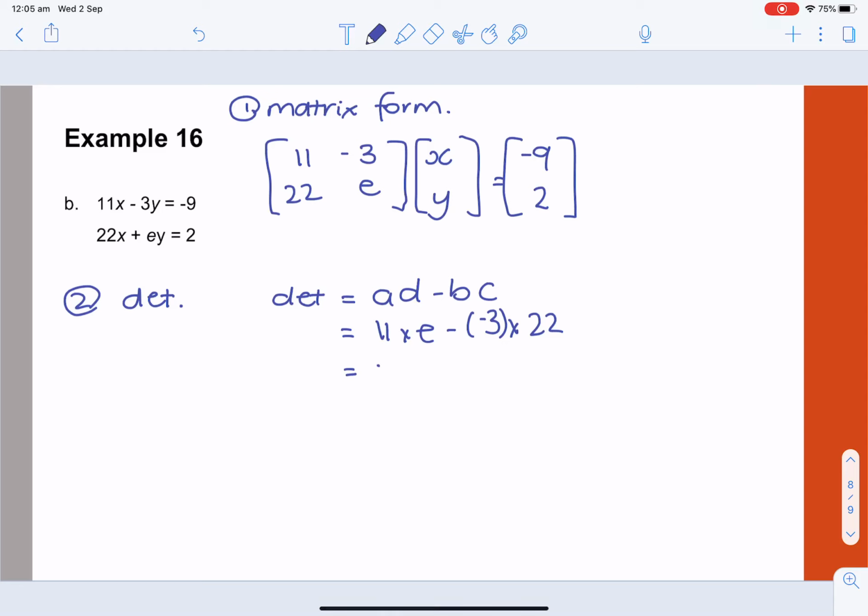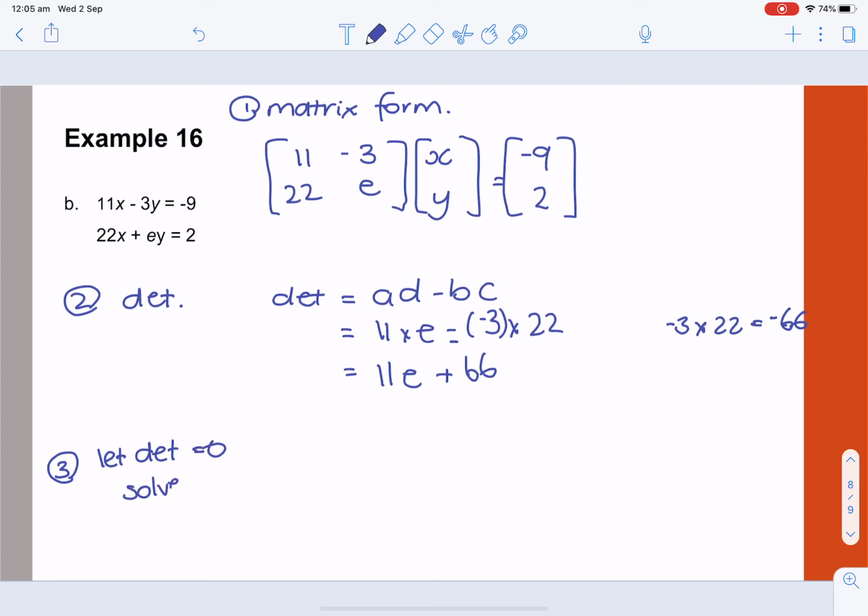Simplifying all that, I've got 11e, negative 3 times 22 equals negative 66. But I have an extra negative here, so it's going to become a plus 66. There we go. And then step 3, let determinant equal 0, solve for e.